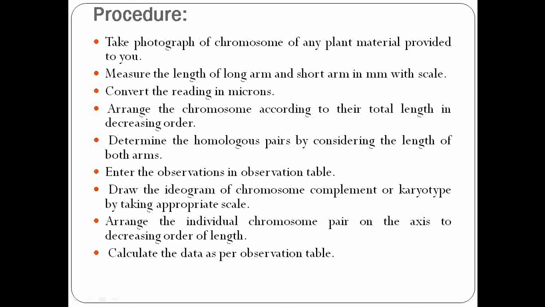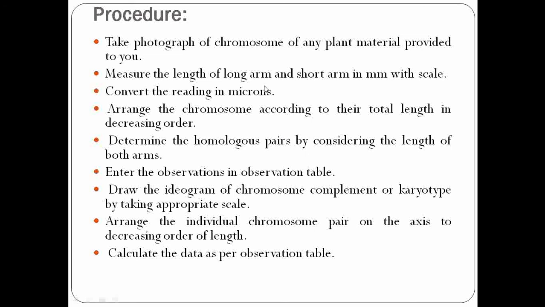Then our readings are in mm, and you have to convert them into microns. Then you arrange the chromosomes according to their total length in decreasing order. Suppose 10 chromosomes are given in your photograph. Firstly you make 5 pairs, and arrange them in decreasing order.